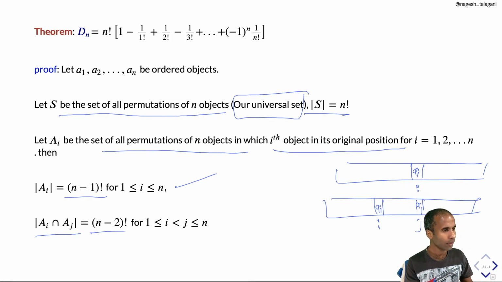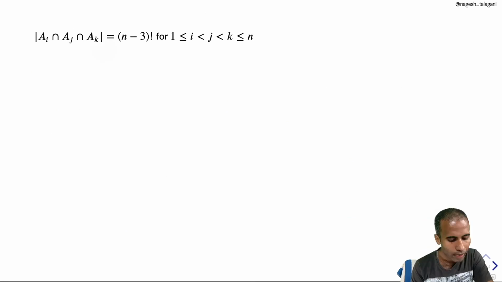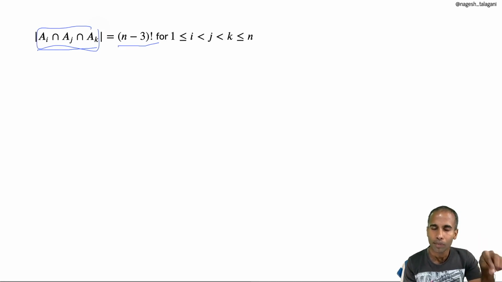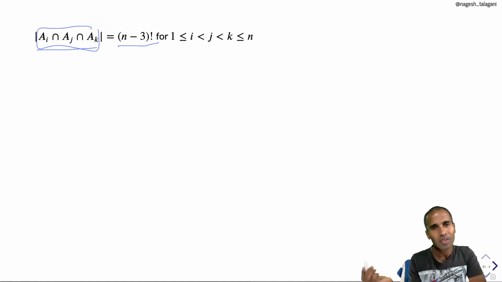Similarly, the number of elements in Ai ∩ Aj ∩ Ak is going to be (n-3)!, because this set consists of all permutations in which the ith object is fixed, the jth object is fixed, and the kth object is fixed. Then the remaining n-3 positions are free.